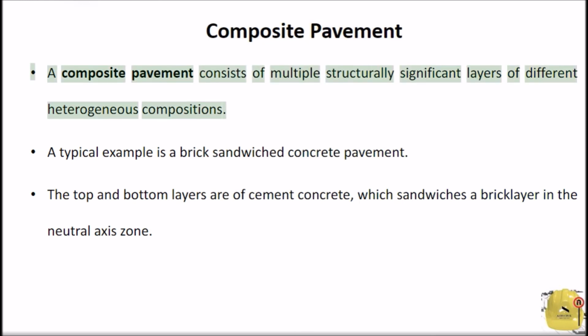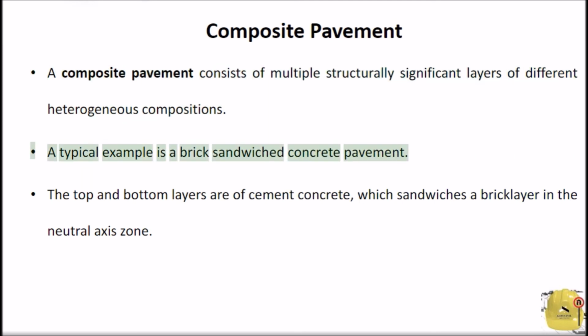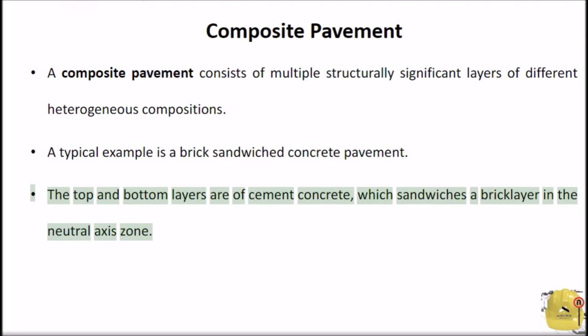A composite pavement consists of multiple structurally significant layers of different heterogeneous compositions. A typical example is a brick-sandwiched concrete pavement. The top and bottom layers are of cement concrete, which sandwich a brick clay layer in the neutral axis zone.